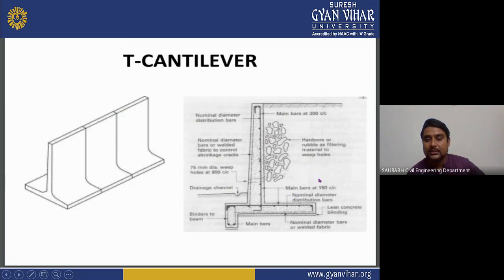And these are the main bars which are provided at the bottom of this T cantilever retaining wall. They are provided at 150 center to center, and nominal diameter distributed bars are provided in this section of the wall. And this is your lean concrete binding, which works as the platform for this base. And this is your nominal diameter bar or welded fabric.